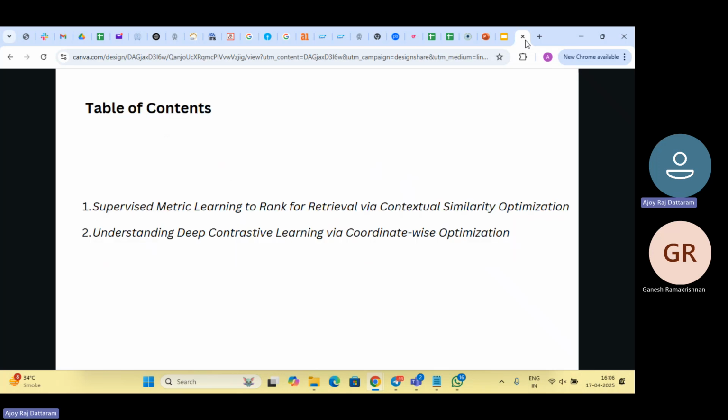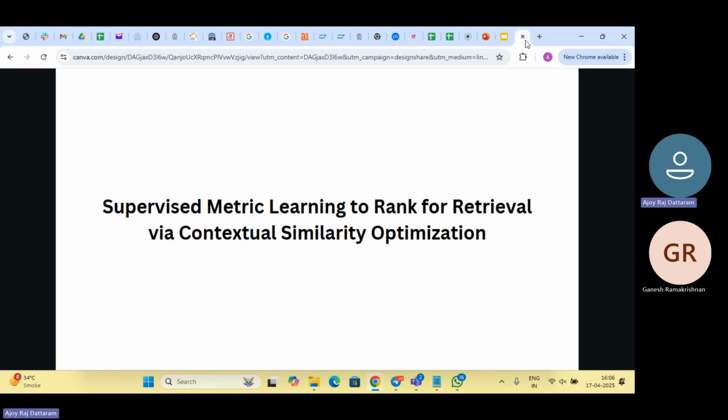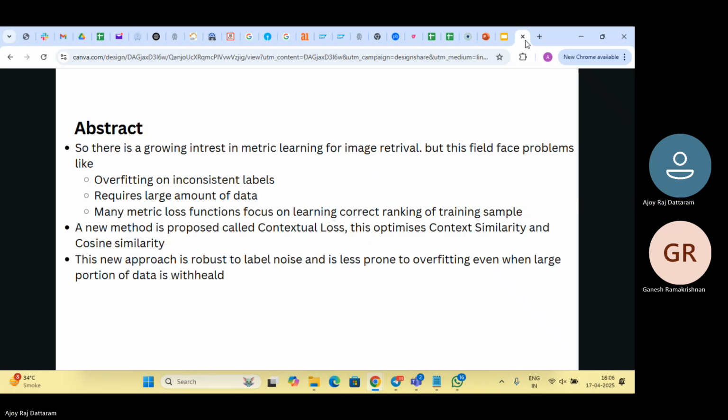So here's the content I'm presenting. There are two papers. The first one is supervised metric learning for rank retrieval via contextual similarity optimization. The problem in previous research was that contextual similarity methods had overfitting problems and required a large amount of data to train.